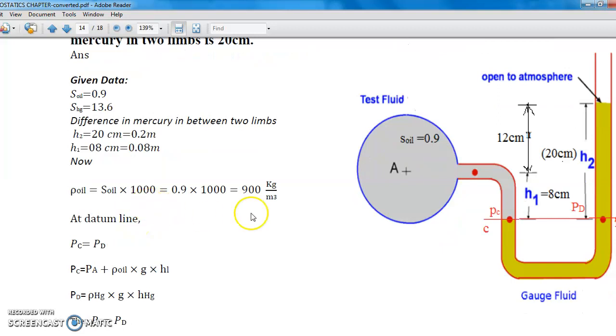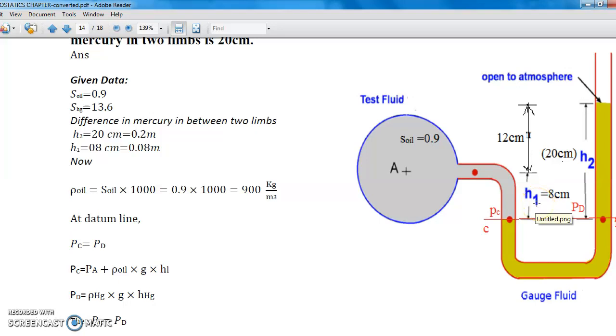First, what to do in this problem? From the reference line, okay, this is the reference line. All of you know that the left side pressure, the notation given here, PC, is equal to PD. So left side pressure is equal to right side pressure. On the left side, the oil is flowing in a pipe, having some pressure, that is PA, and here the height is H1.